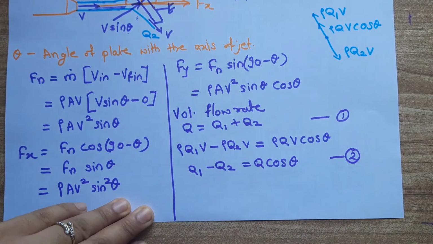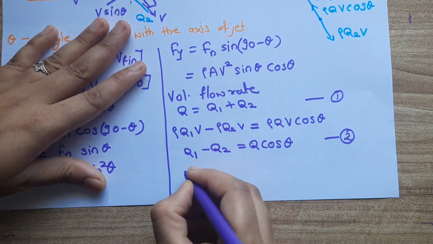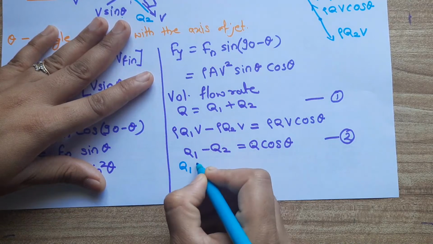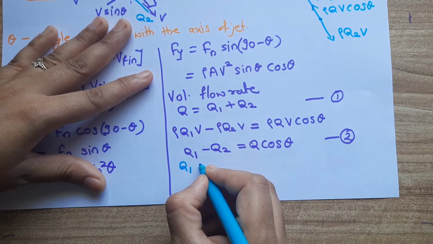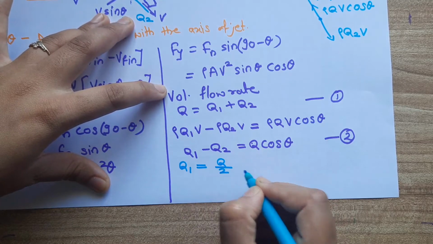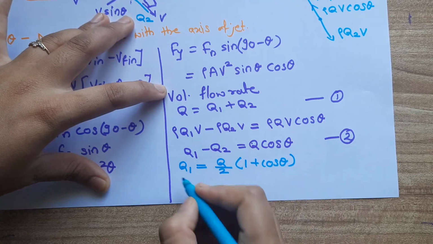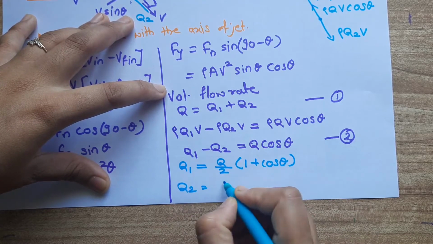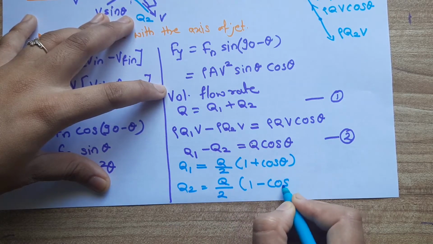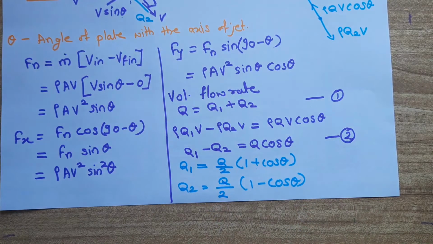If we solve these equations by substituting one into the other, we will get Q1 equal to Q by 2 times (1 plus cos theta), and Q2 equal to Q by 2 times (1 minus cos theta). You can solve and you will get the same answers.